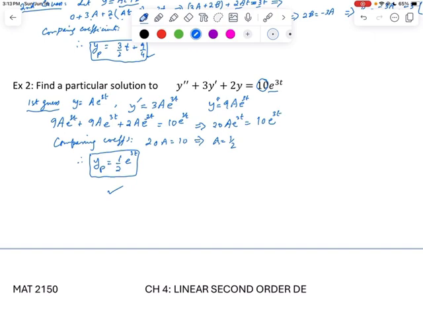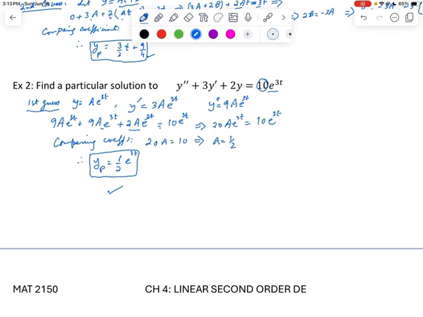Then y prime is equal to 3a e to the 3t, and y double prime is equal to 9a e to the 3t. Plugging into the differential equation, we have 9a e to the 3t for y double prime, plus the y prime term, plus the 2y term, equal to 10 e to the 3t.